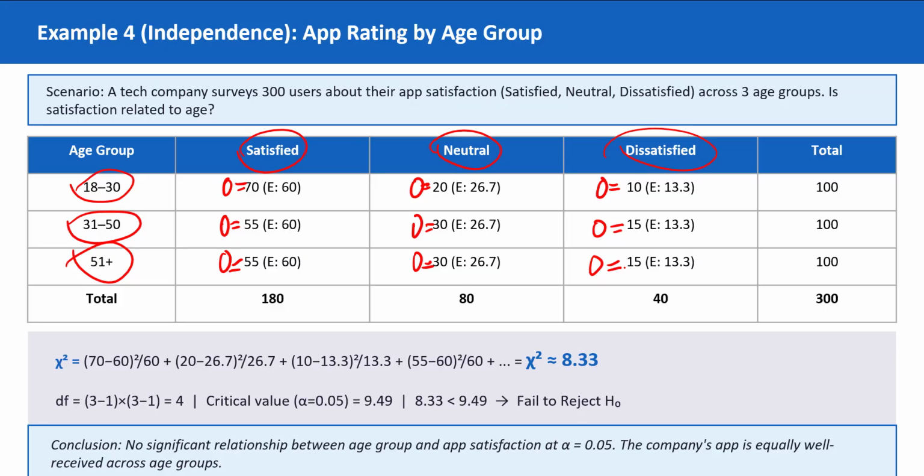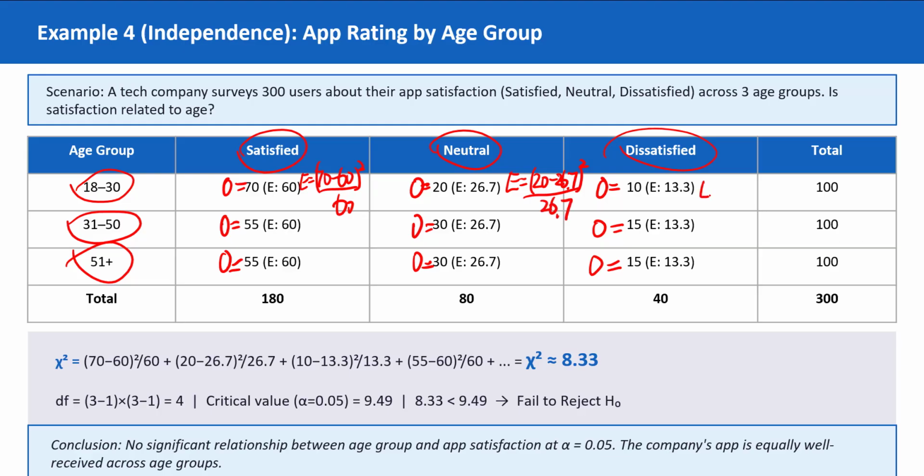The first one is going to be 70 minus 60 squared over 60. The second one, with expected frequency 26.7, will be 20 observed minus expected 26.7 squared over 26.7.